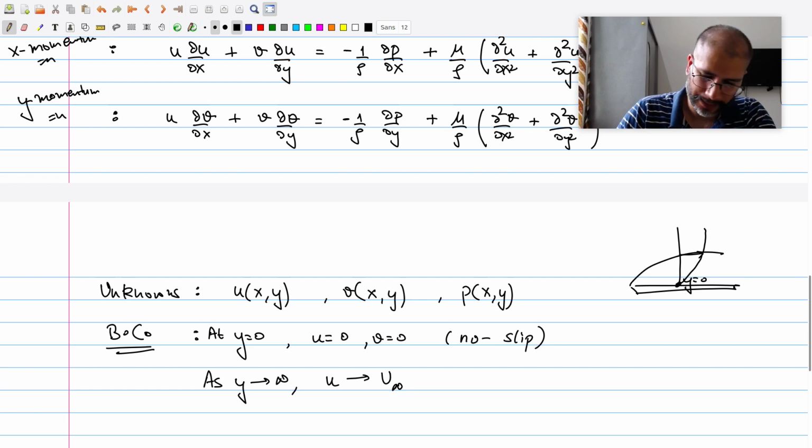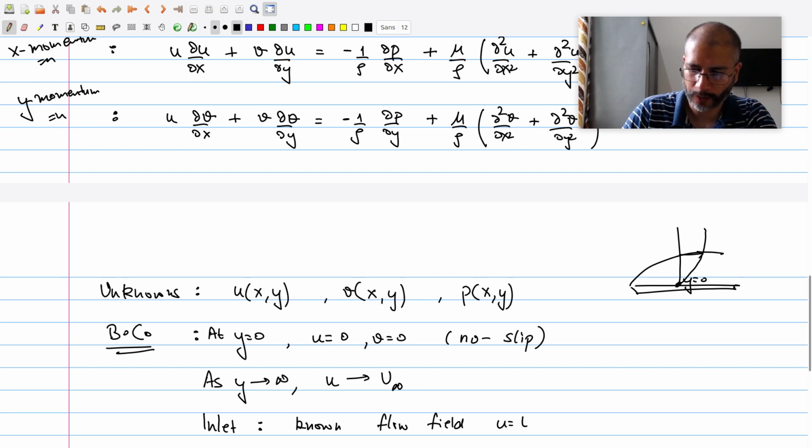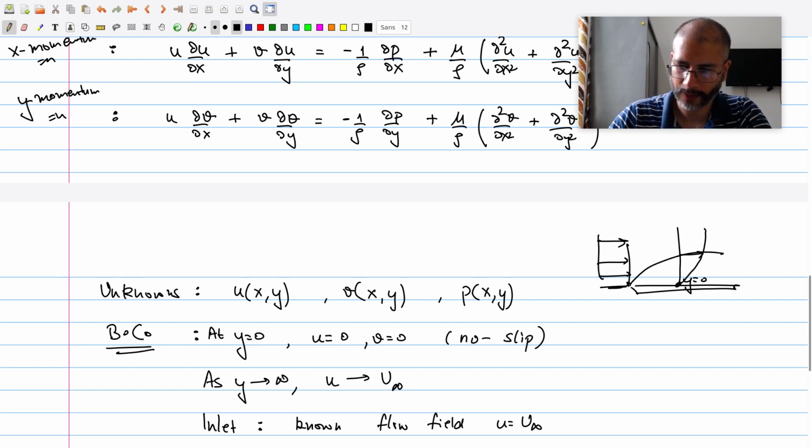Now at the inlet, we have a known flow field, that is u equal to u infinity. The inlet is this point, this edge. Okay, so this is what we have.